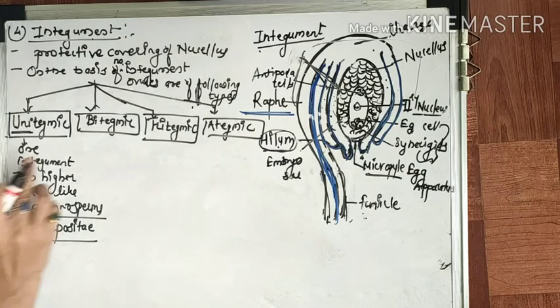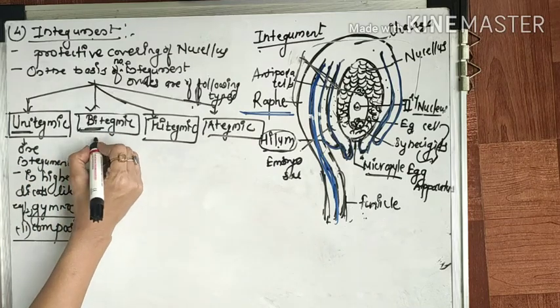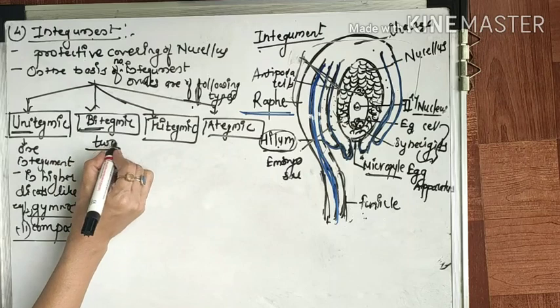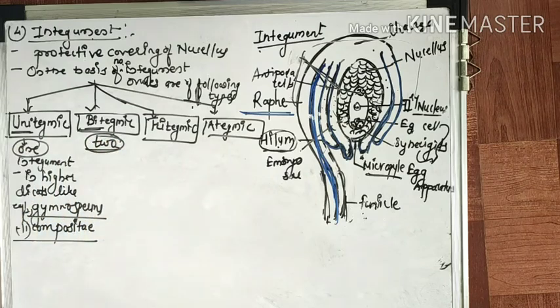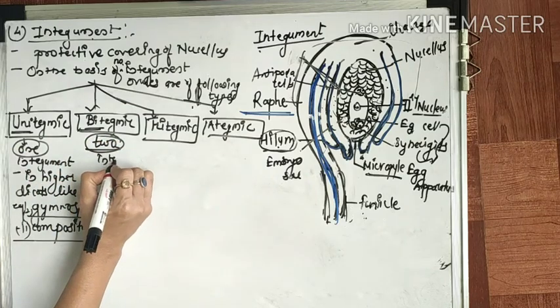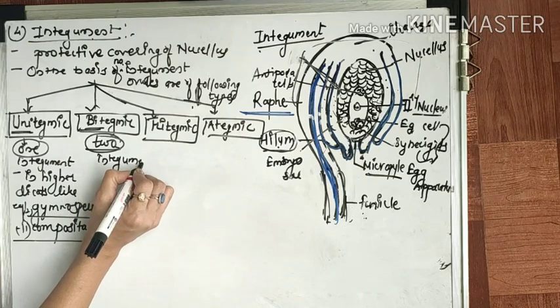Now bitegmic. Bi means two, uni means one. So it has two integuments.